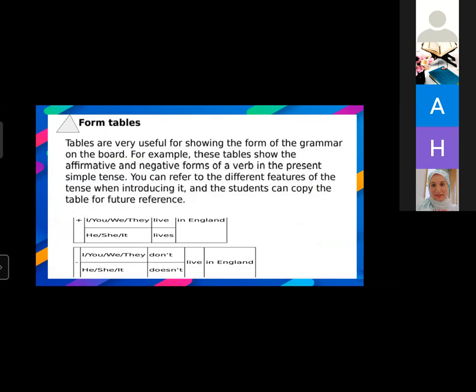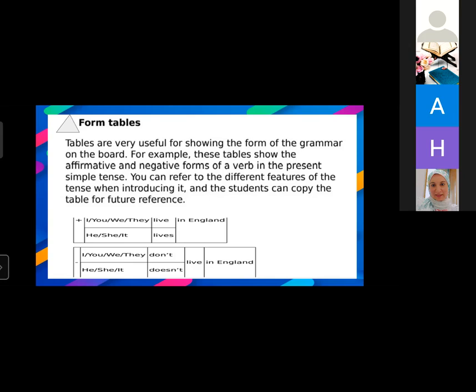You can draw tables on the board by writing the names of your students and the verbs they are doing. For example, you can write Ahmed, Hanan, Noha, Hana. You can distribute cards for each one of them. For example, Ahmed will have play, Noha will have listen, Hana will have sing, Amani will have read.